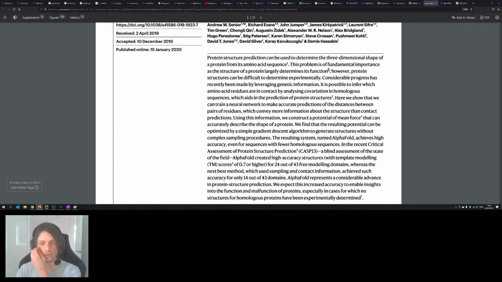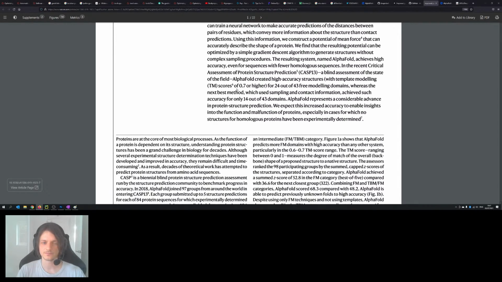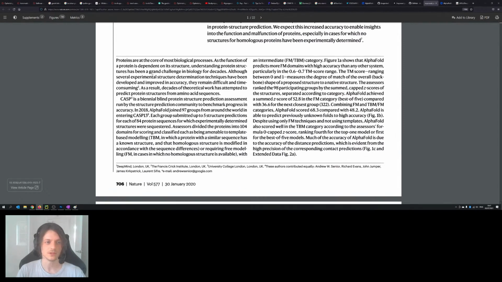Okay. However, protein structures can be difficult to determine experimentally. Considerable progress has recently been made by leveraging genetic information. It is possible to infer which amino acid residues are in contact by analyzing covariation in homologous sequences, which aids in the prediction of protein. We just read this. Cool.